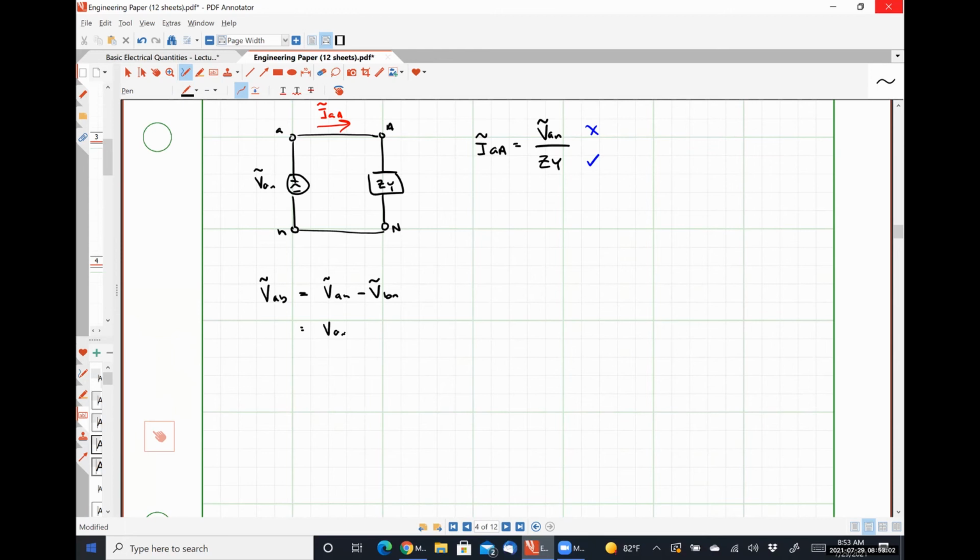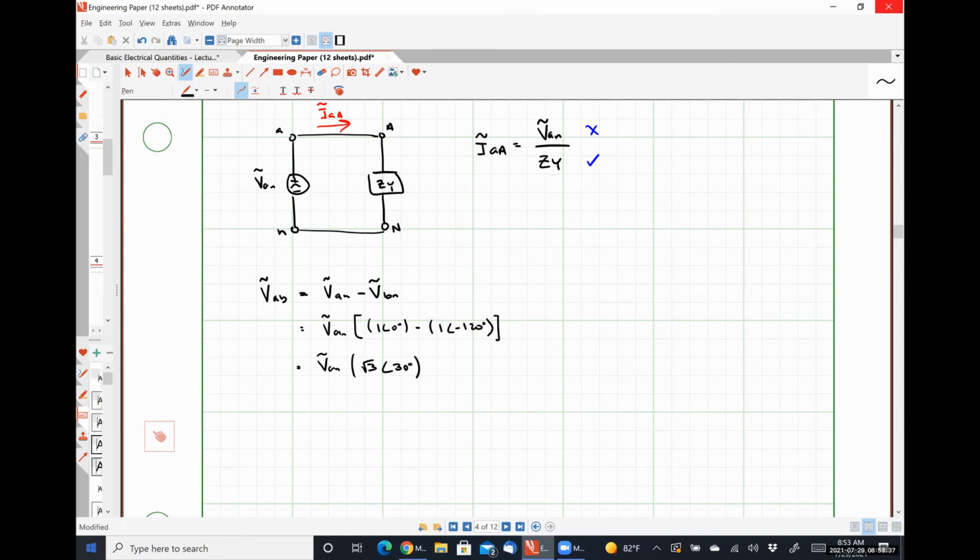Since we know that this is a balanced three-phase source, because we were told so, we could then say that this becomes VAN times 1 angle 0 degrees minus 1 angle negative 120 degrees. Because we know that VBN is VAN, but shifted by negative 120 degrees, which is going to look like VAN times the square root of 3 angle 30 degrees.